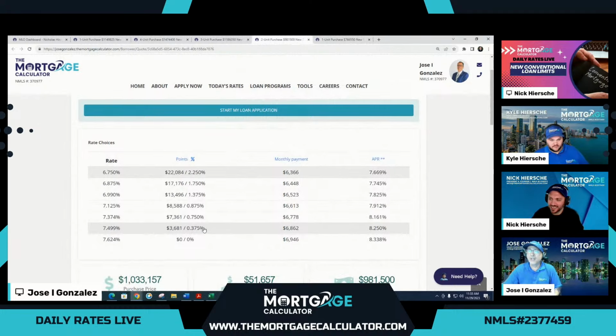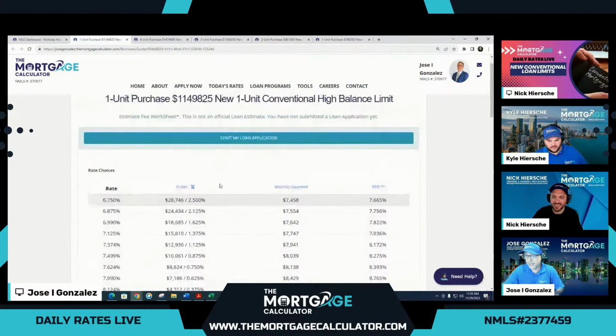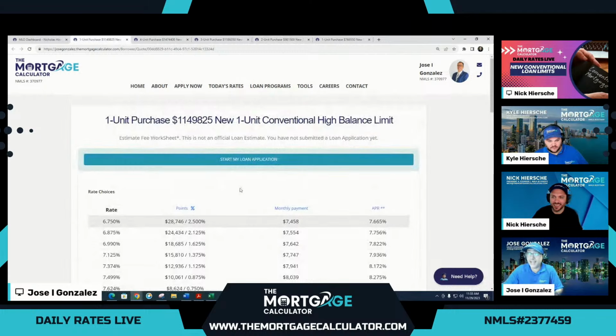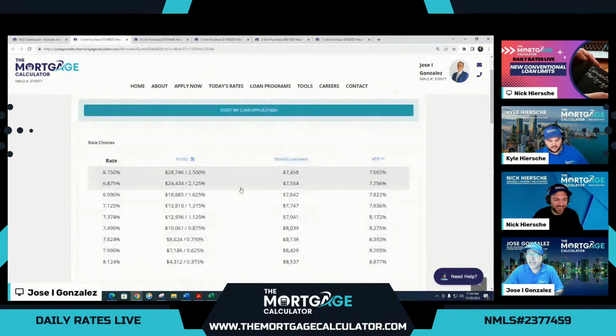So it looks like it's around anywhere from 0.75% to 1% difference in pricing when you're dealing with a high balance county compared to a non-high balance county. So you have 8.125 lowest cost option, and you can buy that down to 6.75. So keep an eye out as they do update the pricing engine, so you can obtain your 2 to 4 unit high balance quotes as well.